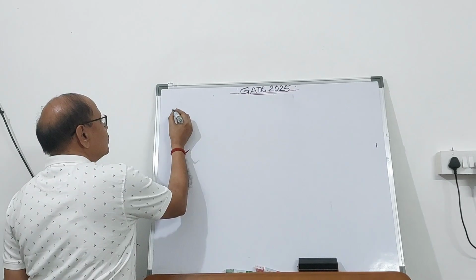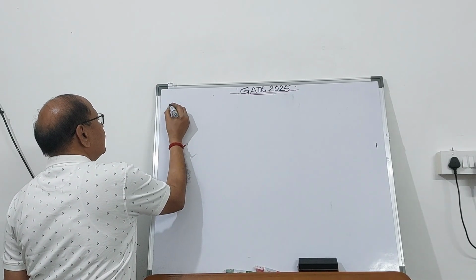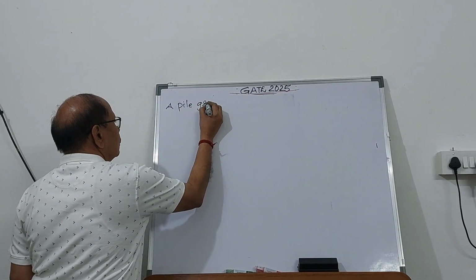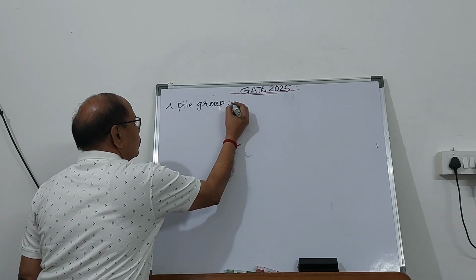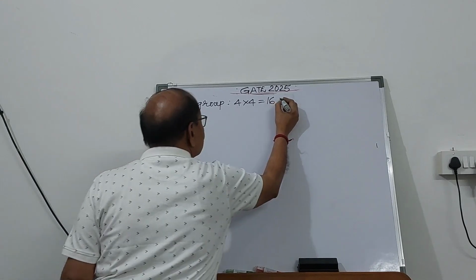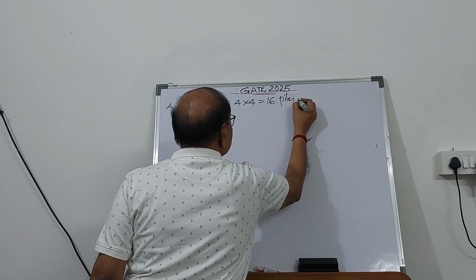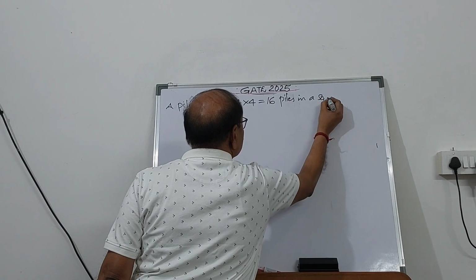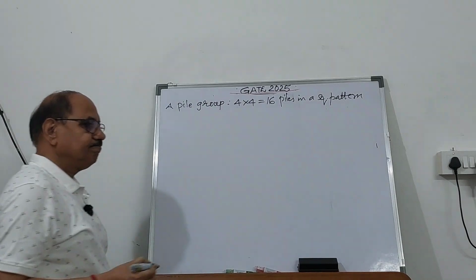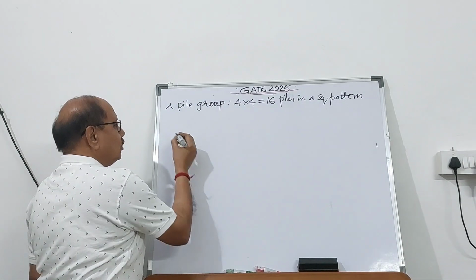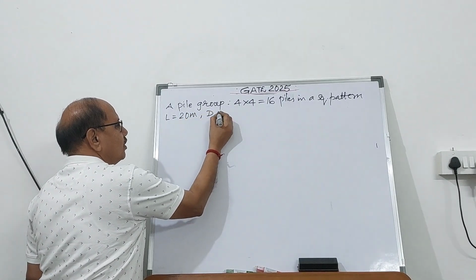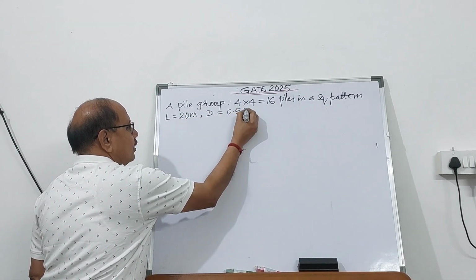A pile group of 4 by 4 equal to 16 piles in a square pattern, having length equal to 20 meter and diameter of the pile as 0.5 meter.